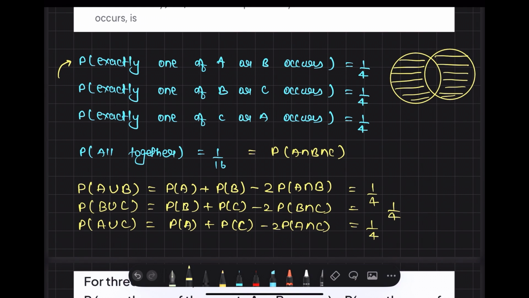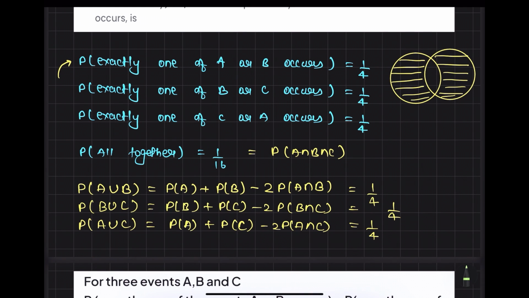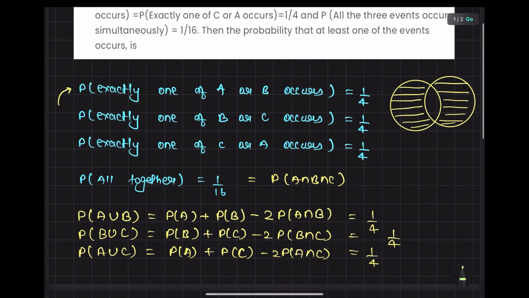Now let's write down the final result. So what is that final result? We want the probability that at least one of the events occurs.